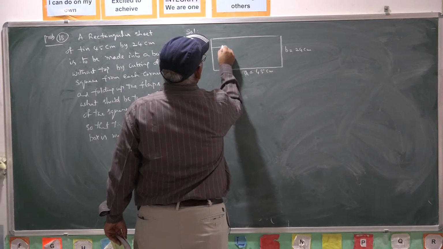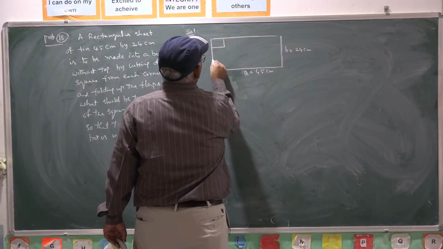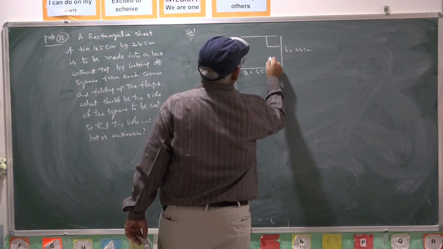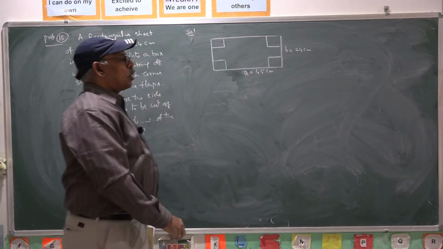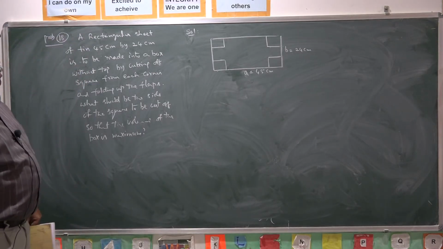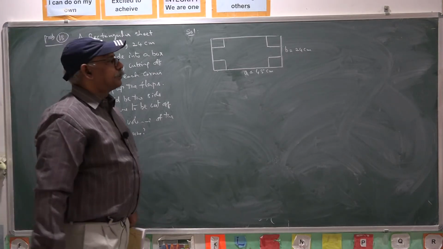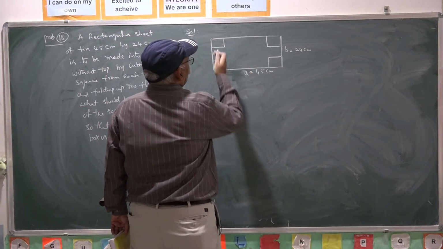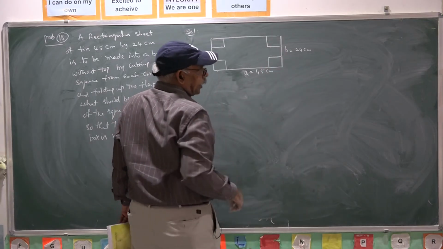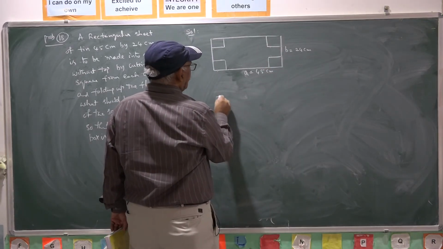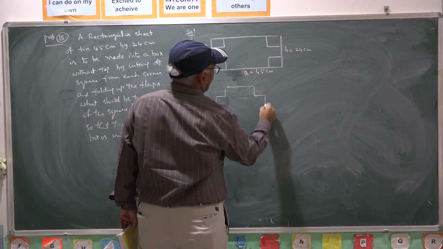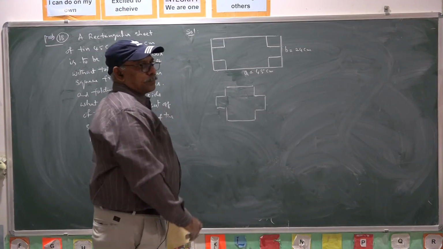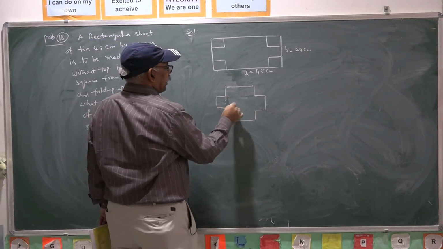Now small equal square pieces are removed from the corners. Once these pieces are removed from the tin, the shape of the tin is like this.